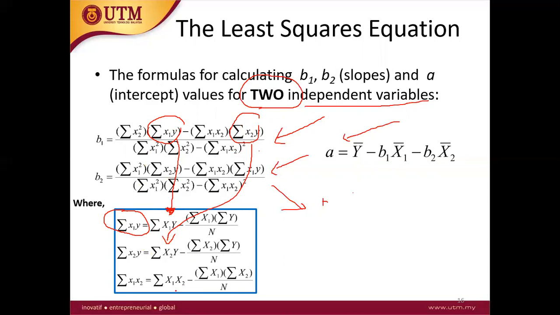The sum of x1x2 is given by this equation. Then after you get the B1 and B2 value, we convert into this equation to obtain the intercept value.